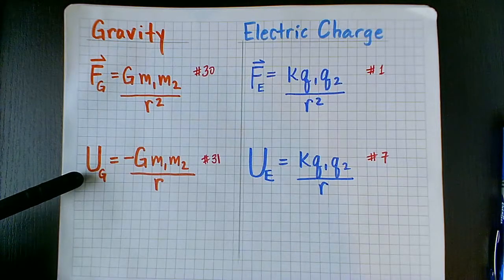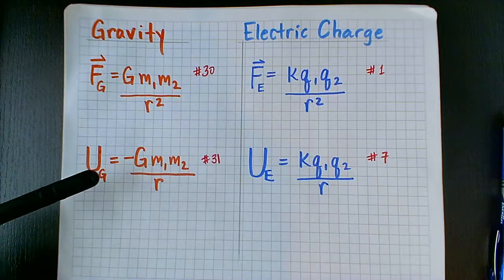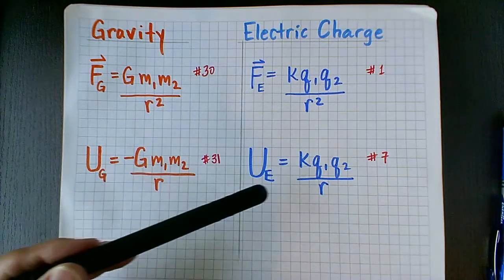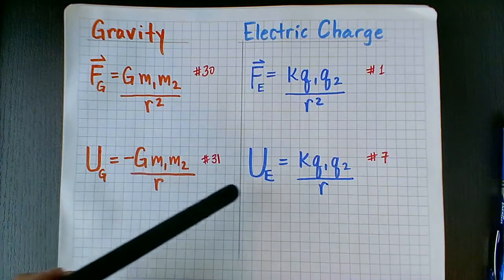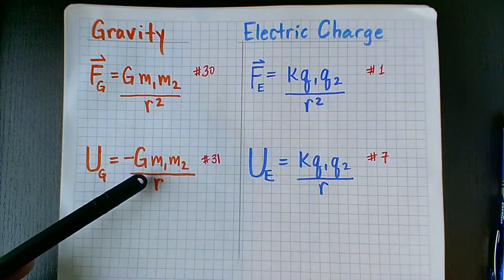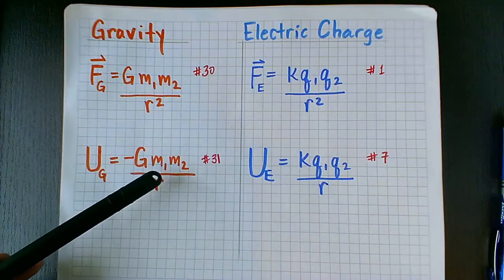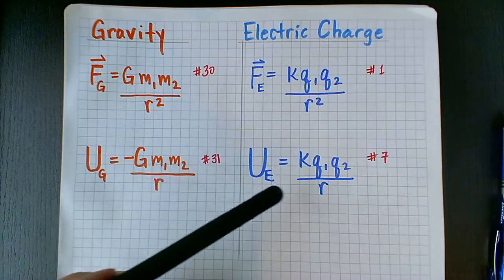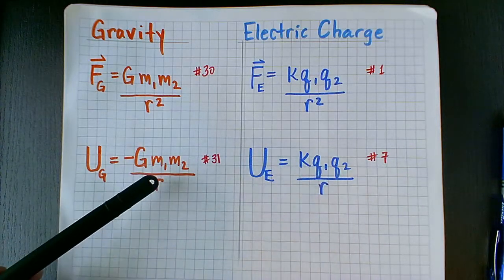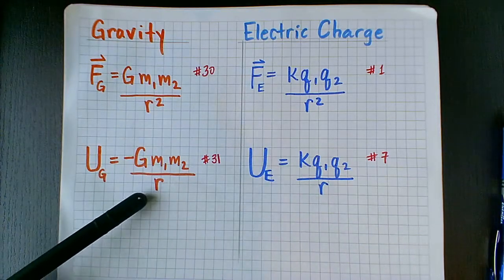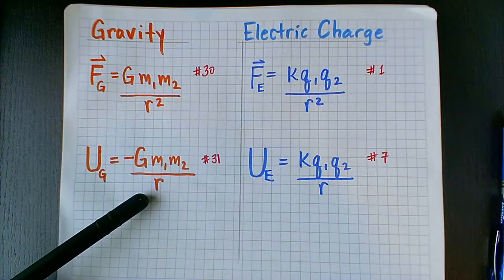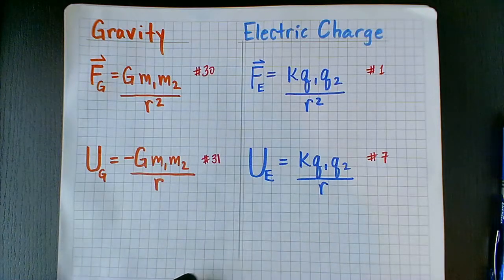The potential energy of each system is equal to a constant. In the case of gravity, the universal gravitational constant, and Coulomb's constant, multiplied again by the two interacting particles, the charges or the masses, divided by the distance between their centers, or inversely proportional to the distance between their centers.